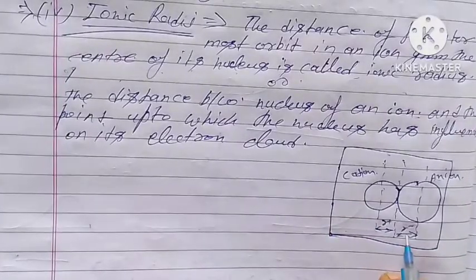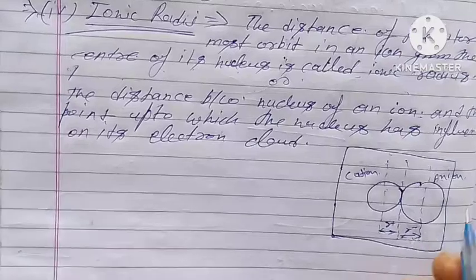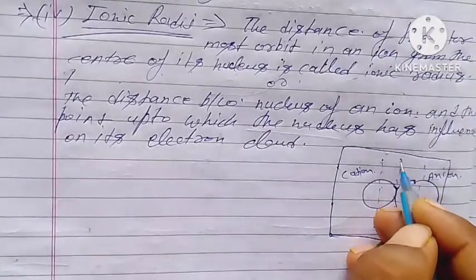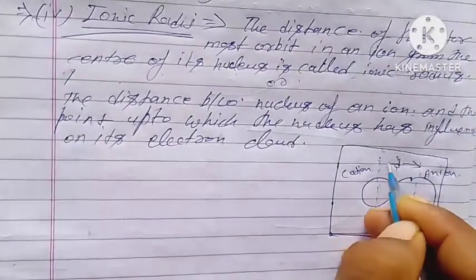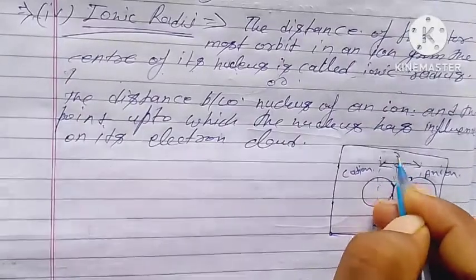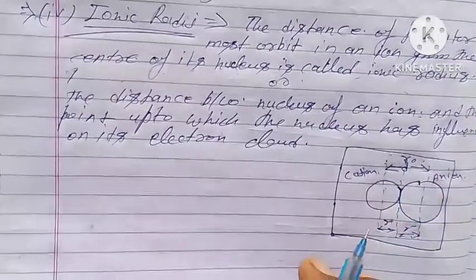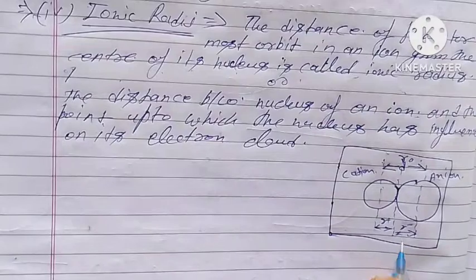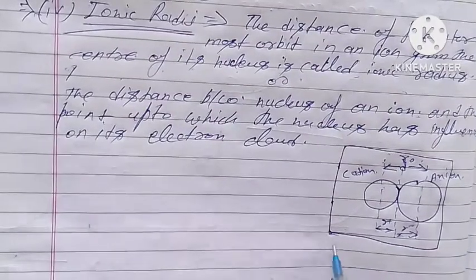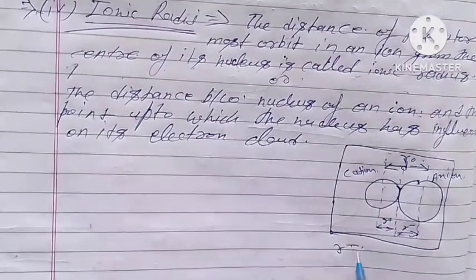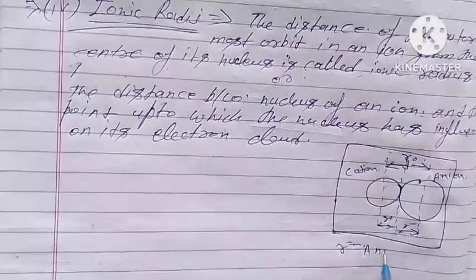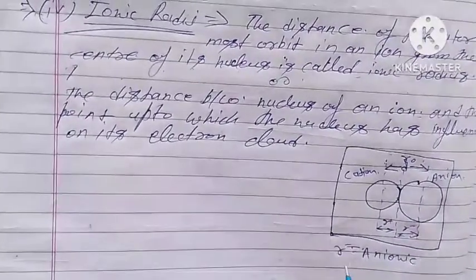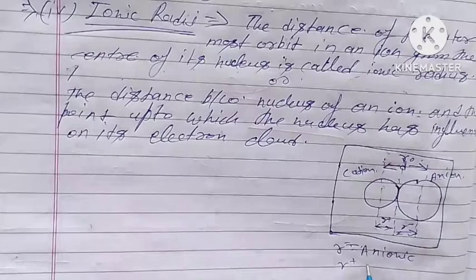R plus is the cation and R minus is the anion. And this is the distance D, R0. Ionic radius: R minus is anionic and R plus is cationic.